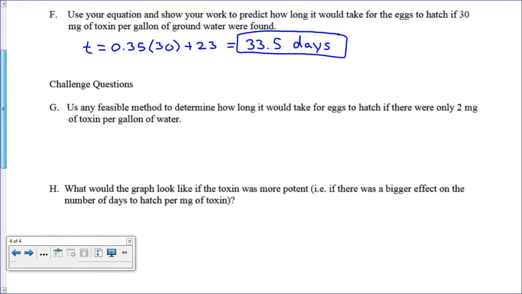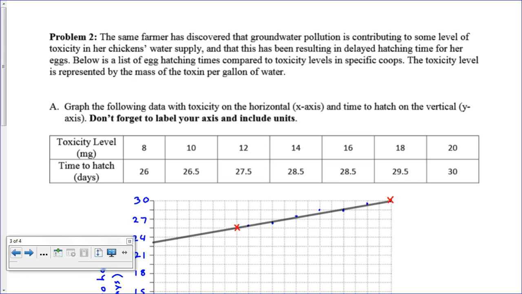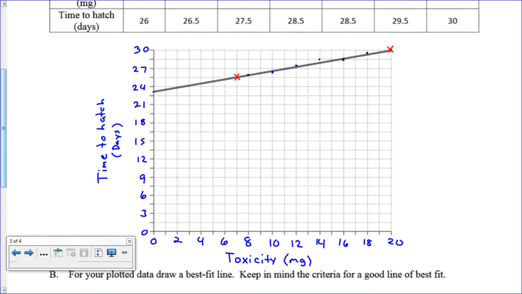All right, on the challenge questions here, it says use any feasible method to determine how long it would take for eggs to hatch if only 2 milligrams of toxin per gallon of water were present. I always think the easiest thing to do is just to look back at the graph, so that's what I'm going to do. We'll look and see 2 milligrams on the graph. Milligrams are on the bottom.